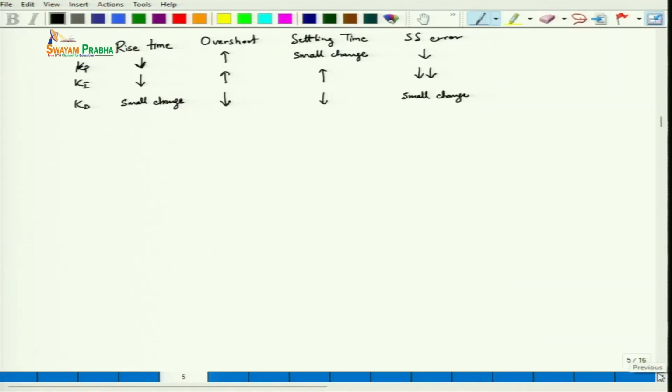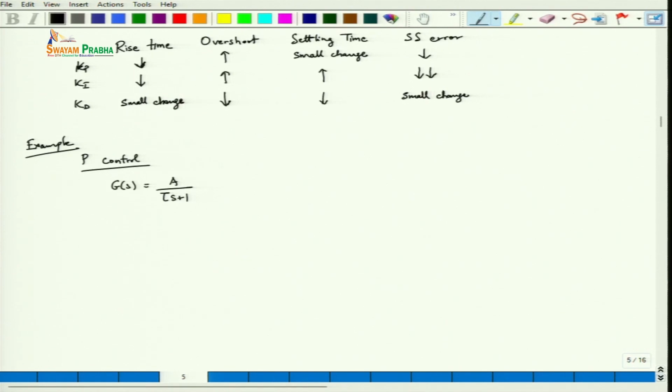So now that we have studied this PID controller, let us consider some examples where we try to apply this type of controller to first order and second order systems. Let us first focus on just using P control and seeing the effect. Let us consider G of S is equal to A divided by tau S plus 1.